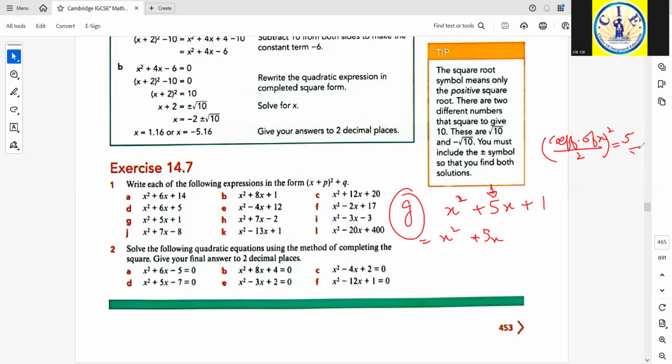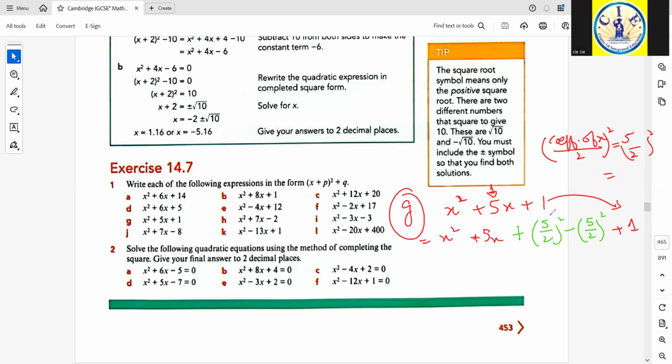So 5 by 2, its whole square. This is what is to be added and subtracted. So I need to add 5 by 2 whole square, and I need to balance it out by subtracting the same term, and then finally this one would be there like this.